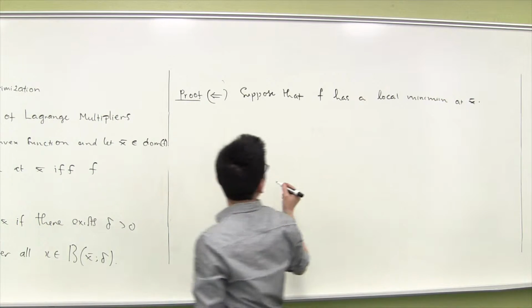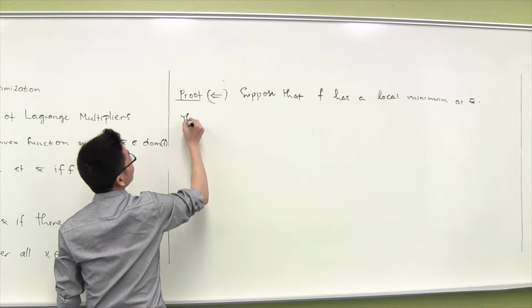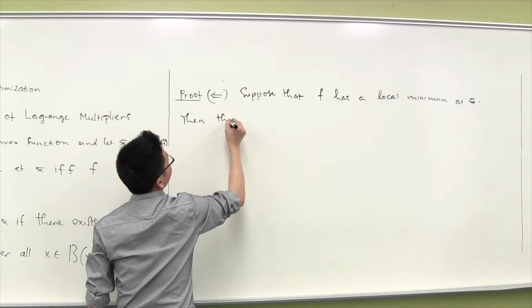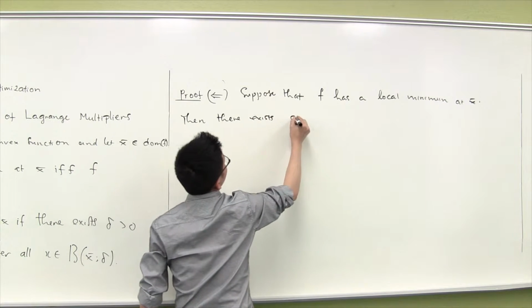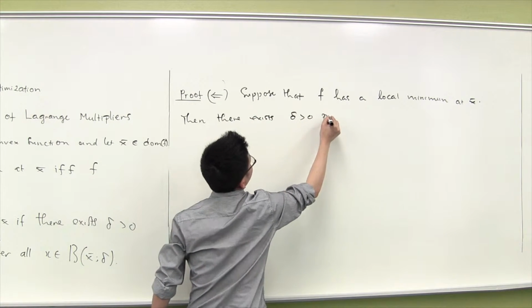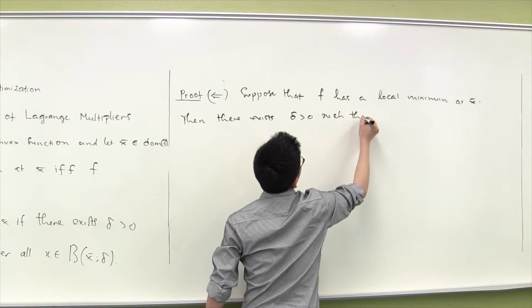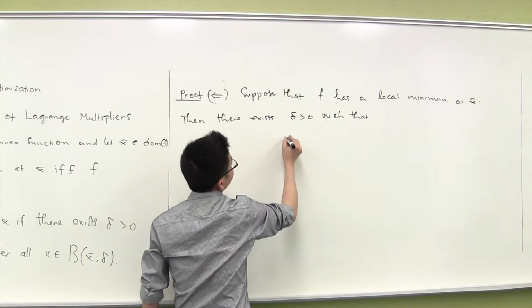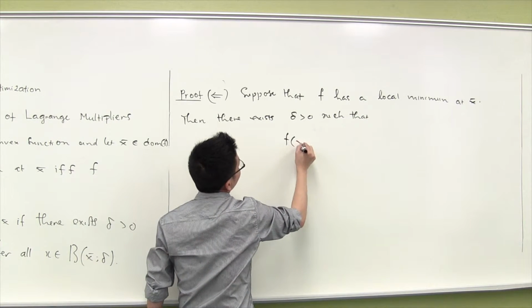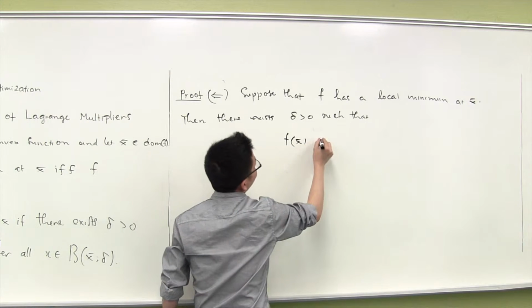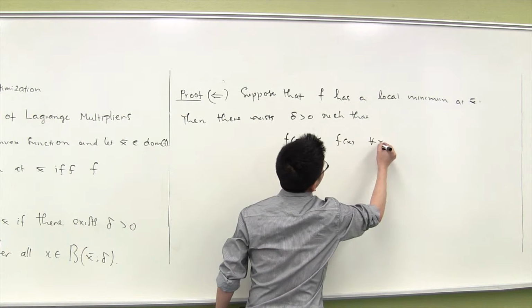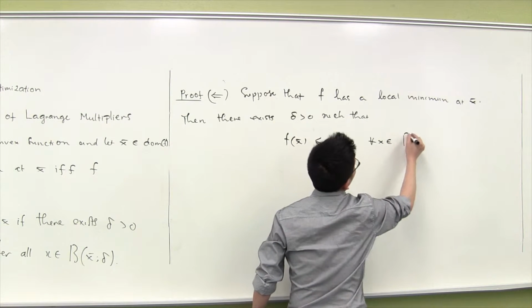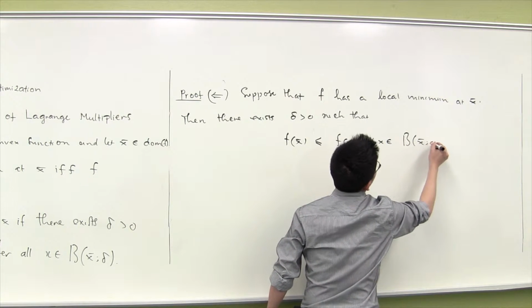Then there exists delta greater than 0 such that f of x bar is less than or equal to f of x, and this is true for all x in the ball with center at x bar and radius delta.